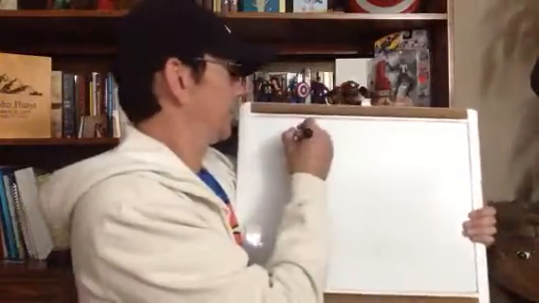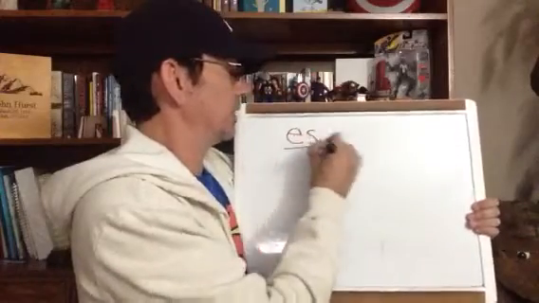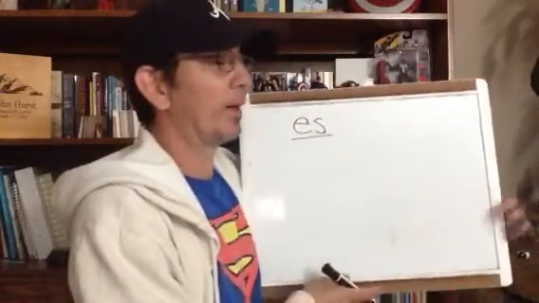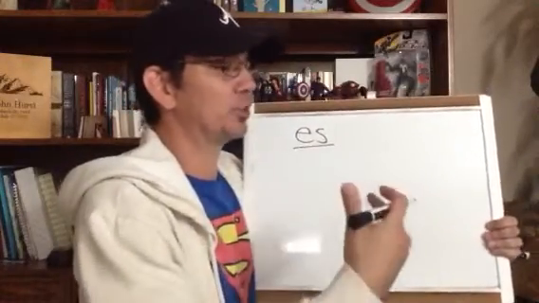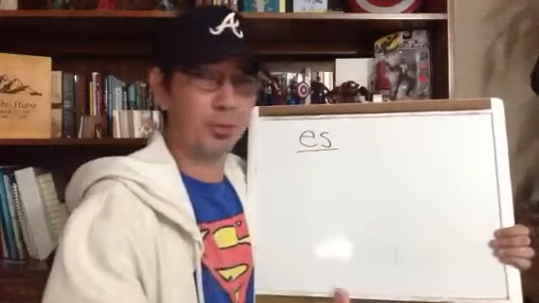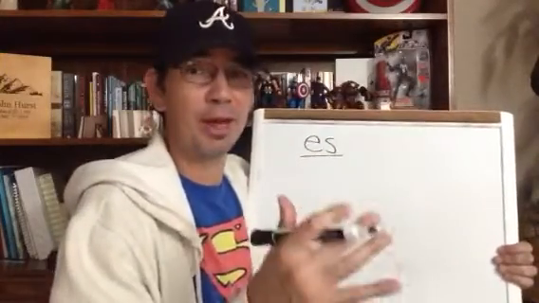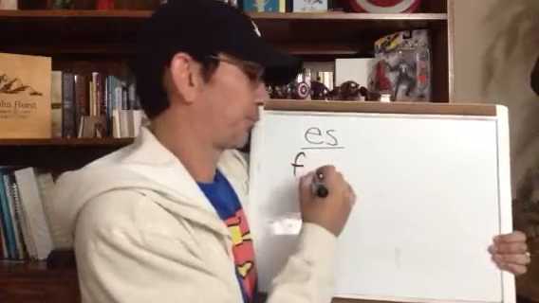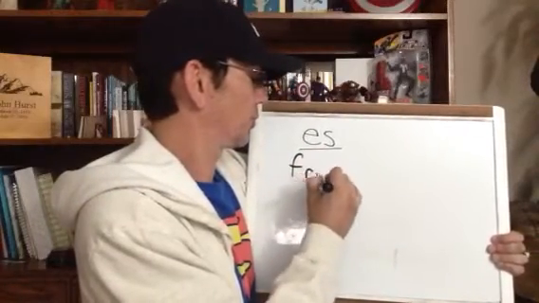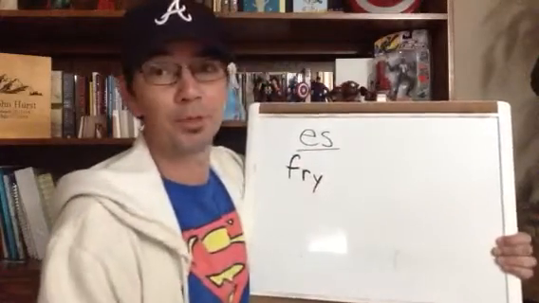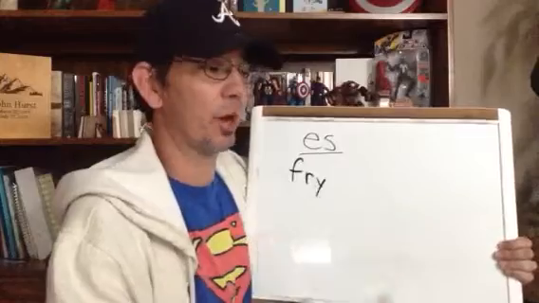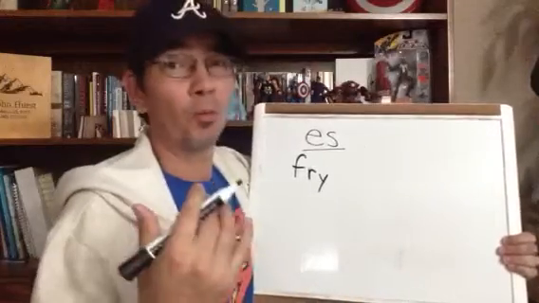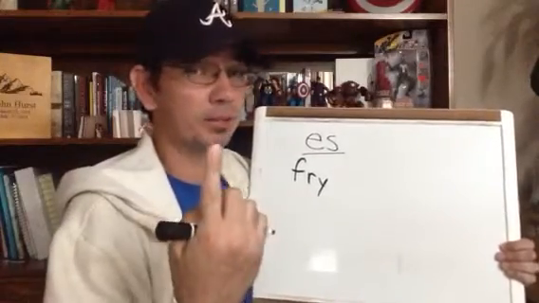The first ending is ES. Now, when we add an ES to the end of a word, we add it for different reasons, and it has different effects. For example, if I have a word like fry, like a French fry, right? When I'm talking about one, I'm saying French fry.